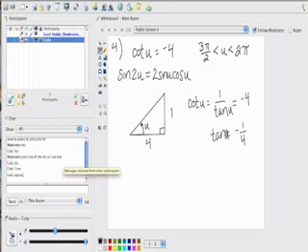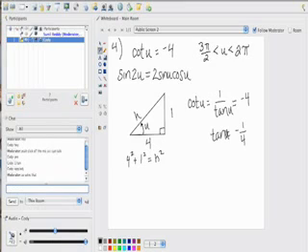Yes, you have to use the Pythagorean theorem, so 1 squared plus 4 squared would equal x squared, or hypotenuse squared. From that, 16 plus 1 equals h squared, which simplifies to 17 equals h squared. You can take the square root of both sides, so root 17 equals h.